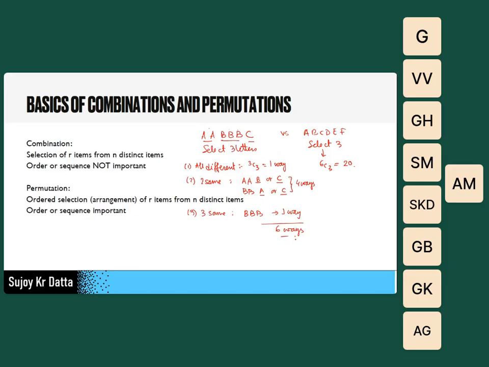The reason why I say that you cannot use the nCr formula directly in such cases is that the answer will be way off. So if you have a question where you have repeated letters and yet you have to select, then the only way possible would be to make cases like this and figure it out. Now, following it up, what happens if you have identical or repeated letters and you have to do an arrangement?